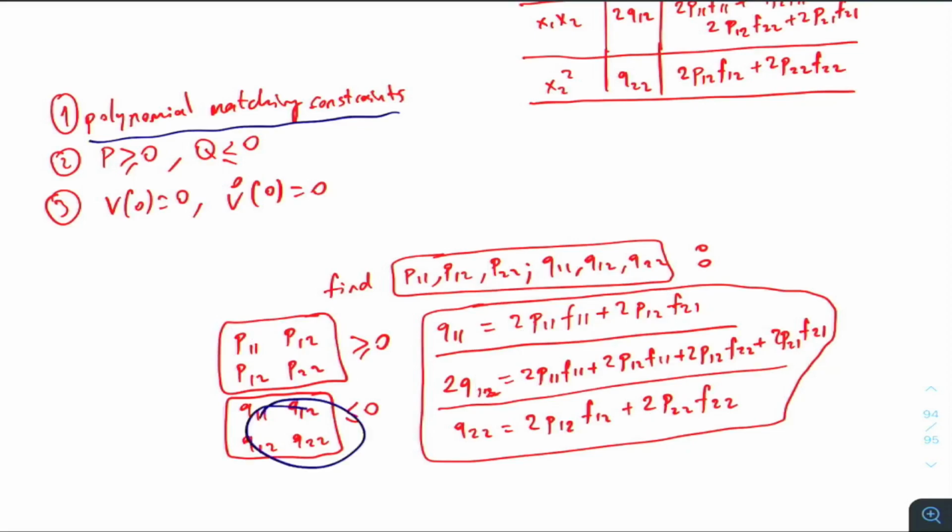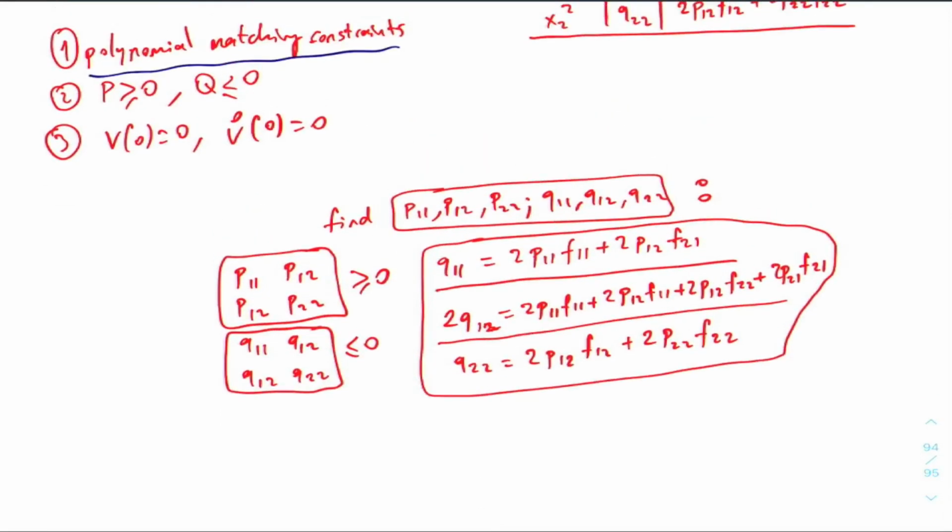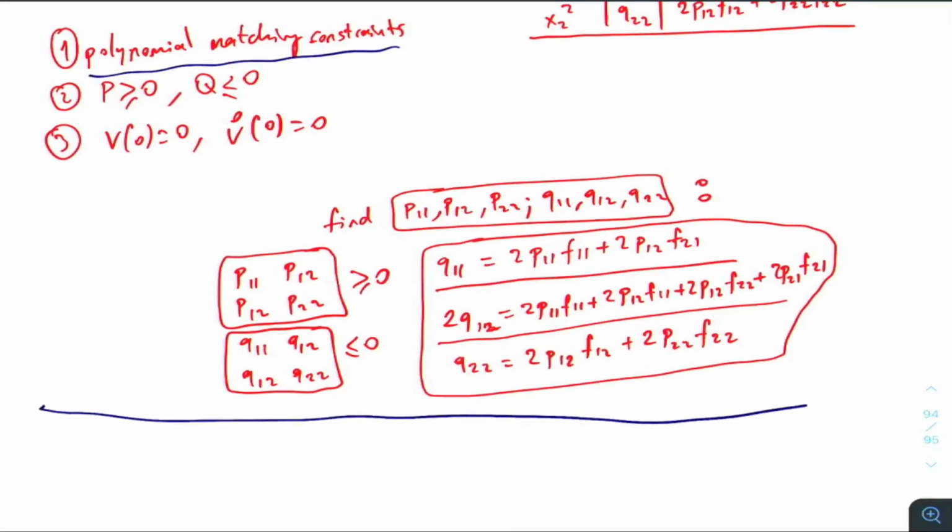For that we haven't written explicitly, but these are also constraints that will be included in our optimization problem. Okay, this is the end of part 1, I will say.